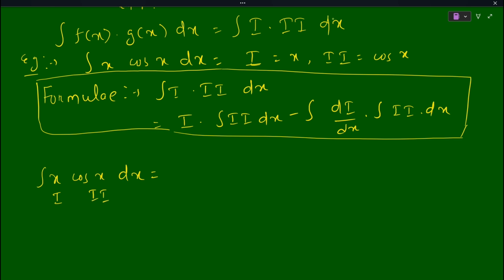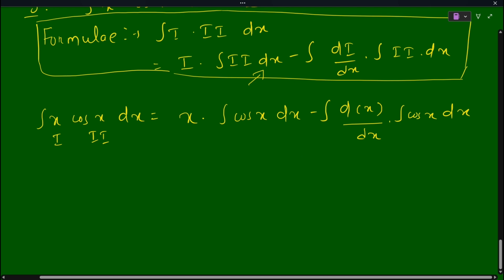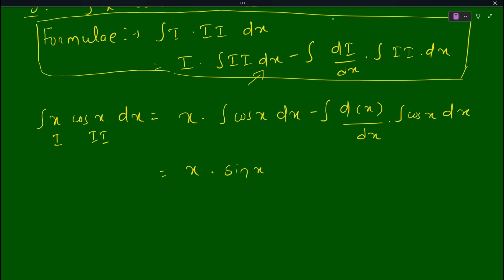The first function is x into integration of second function, cos x dx, minus integration of derivative of first function, which is x, into integration of second function, which is cos x. Solving a little bit, this one is x into integration of cos x, which is sin x, minus integration of the derivative of x with respect to x, which is 1, into integration of cos x, which is sin x dx.